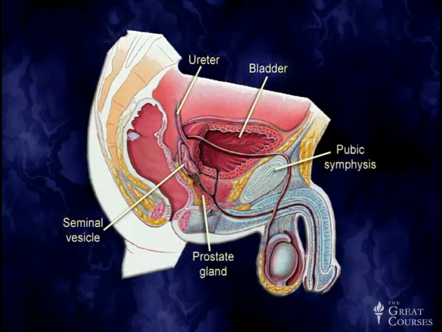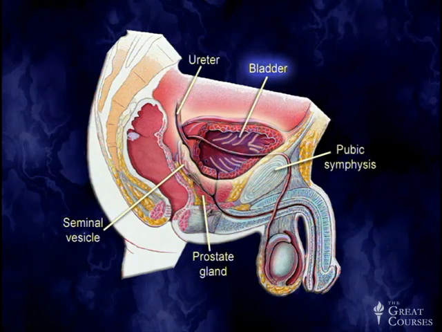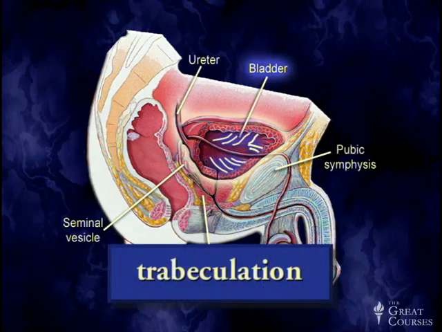So the patient may have leaking and urgency because the bladder starts to squeeze. If you look at this picture, you'll see there are lines in the bladder, and those are the muscles underneath the mucosa shown here. And these lines are called trabeculation. Heavy trabeculation is seen in patients who have a bladder that's trying to squeeze all the time.